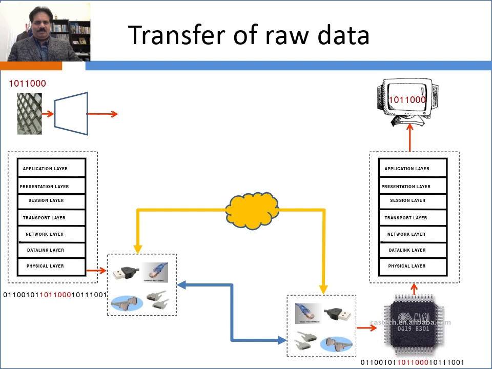There is a kind of controller that processes the data from the transmitting end to the receiving end. The data could be sent using cables or the internet or any other means. So the data is being processed using a microcontroller or microprocessor, and then transmitted to the receiving end.